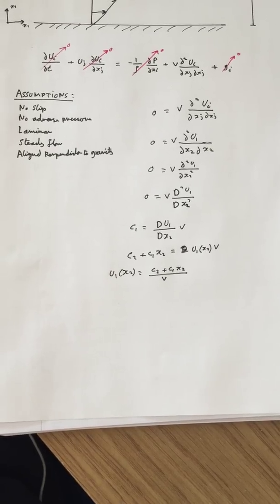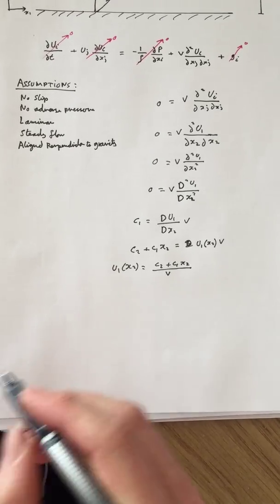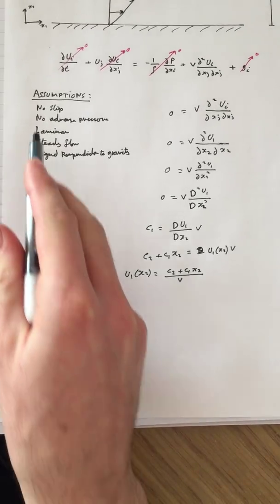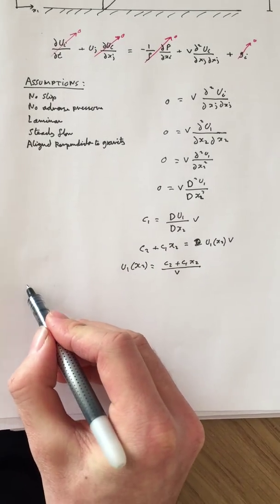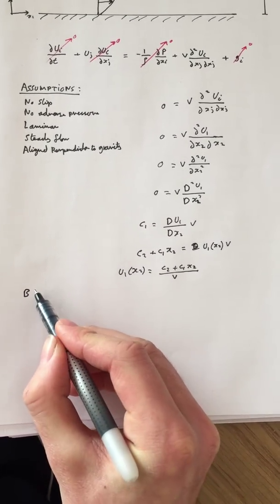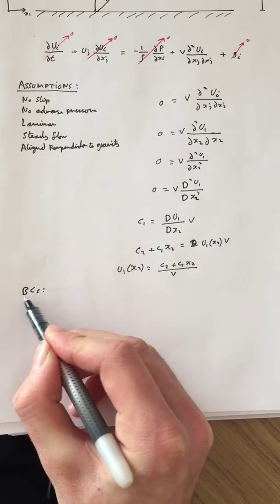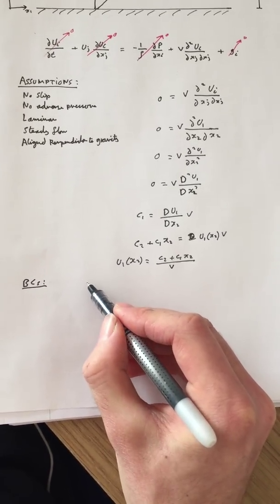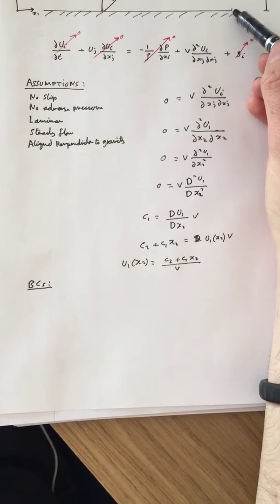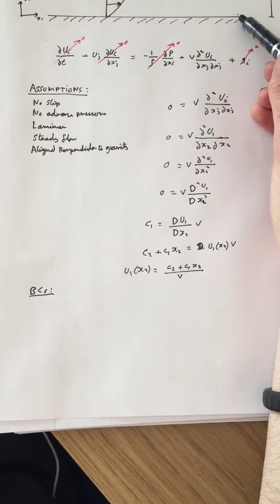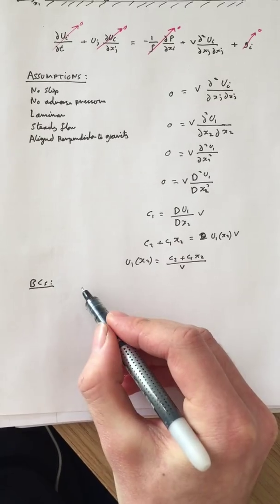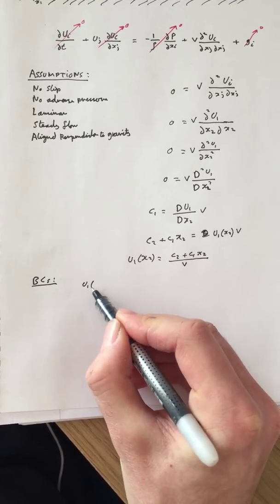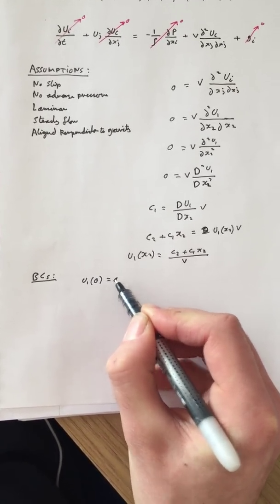Now we need to apply our boundary conditions, and again these come from the no slip. The boundary conditions are: at x2 is equal to 0, the velocity is 0. So u1(0) is equal to 0.